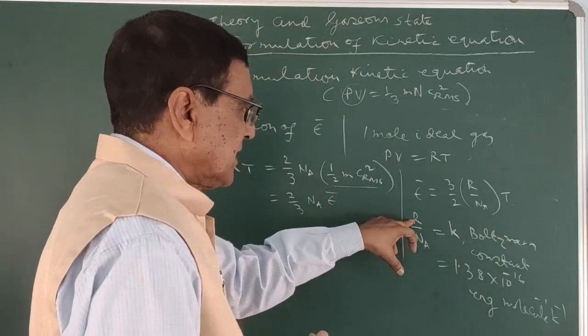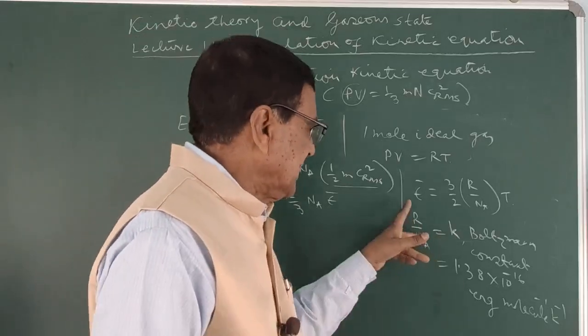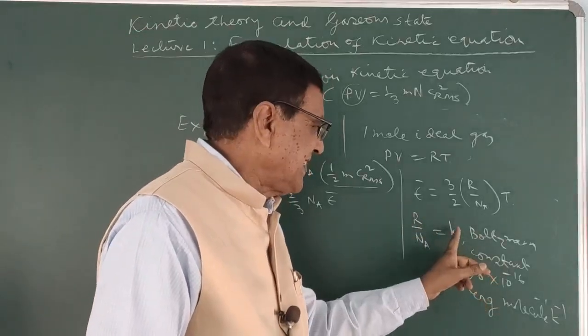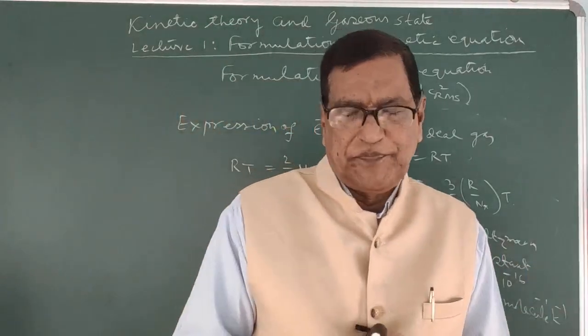You can put the value of R, and Avogadro number 6.023 into 10 to the power 23. Divide these two and you will get the magnitude of K. K is found to be 1.38 into 10 to the power minus 16.